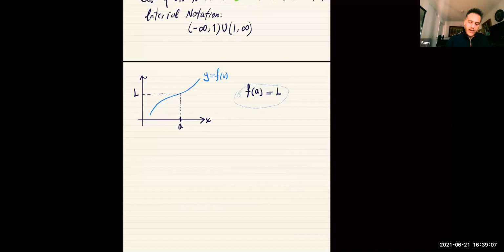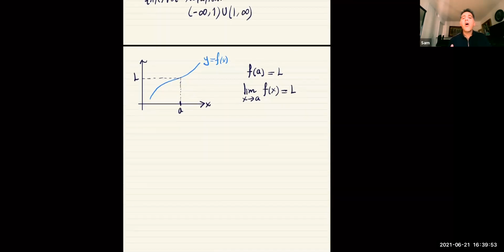But here, f of A is equal to L. At the same time, when x gets close to A, y gets close to L. When x is around A, y is around L. The limit as x goes to A of f of x is also equal to L. This is one of those cases where both the function and the limit exist at A. We call this a continuous function.